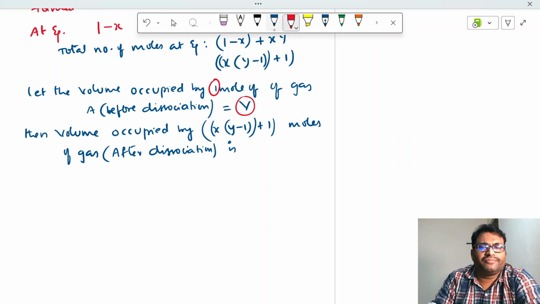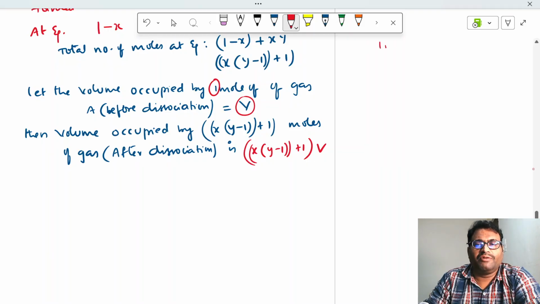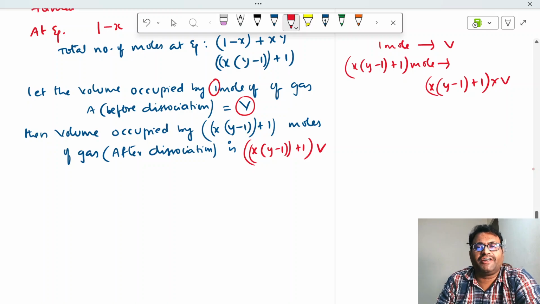X(Y minus 1) plus 1, into V. That is what we have written.